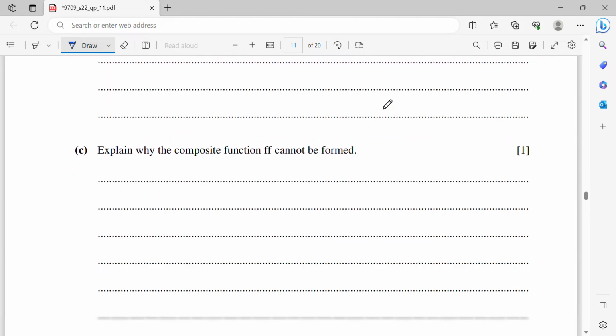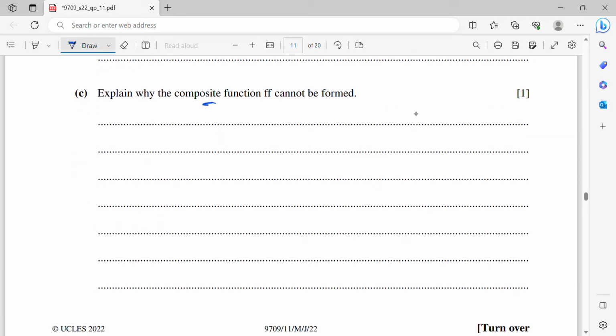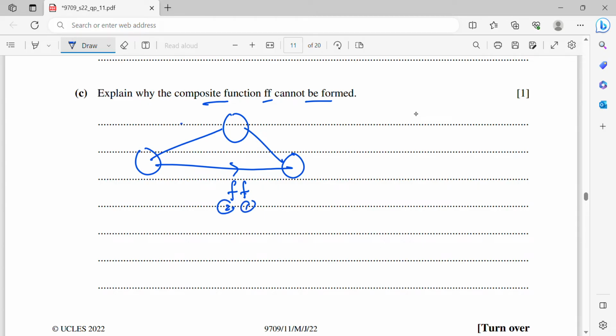Now, C. Explain why the composite function ff cannot be formed. Just for information, if you need to form composite function ff, look at this diagram. This is ff, meaning the first function is f, the second function is f. So here f, here f. This is the domain of f, this is the range of f.